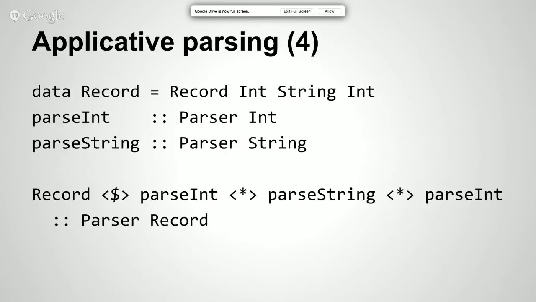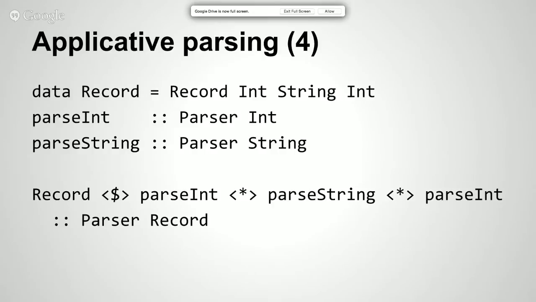So for example, we have a data type called record, which takes an int, a string, and an int. We have an int parser and a string parser. Let's just assume they exist. I didn't write them. And now we have a pure function called record, which is that constructor.